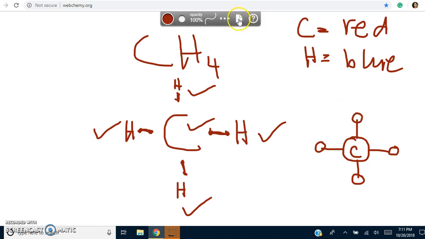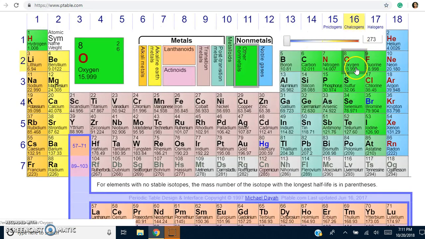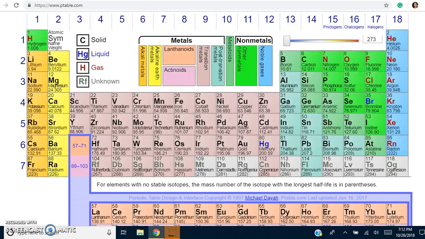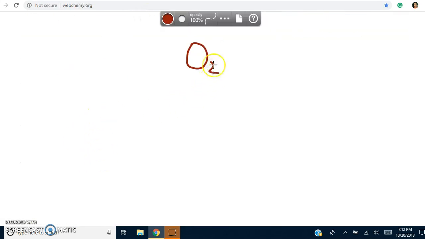So let's do another one. Let's try oxygen gas. Oxygen gas is O2. Looking at our periodic table, oxygen is in group 6A, which should have 6 valence electrons. And this number 2 right here tells us that there should be 2 oxygens. There's 1 oxygen. There's the other oxygen.